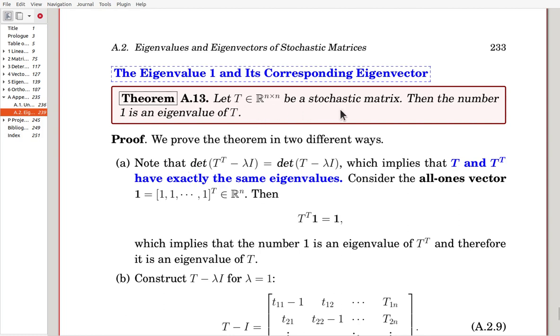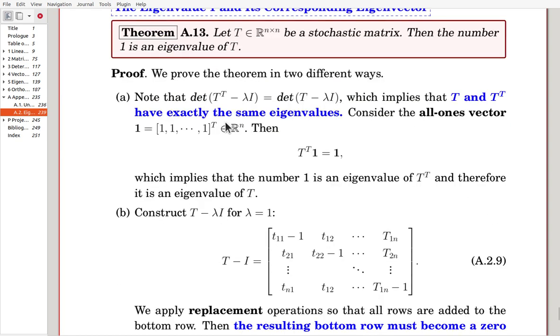If T is a stochastic matrix, then the number 1 is an eigenvalue of T. We can prove this theorem in 2 different ways. Okay, let's see the first one.